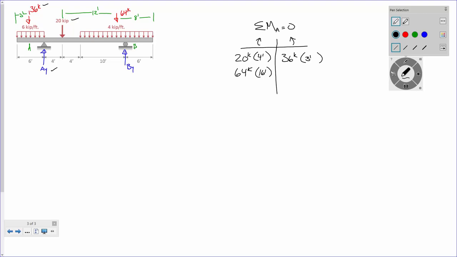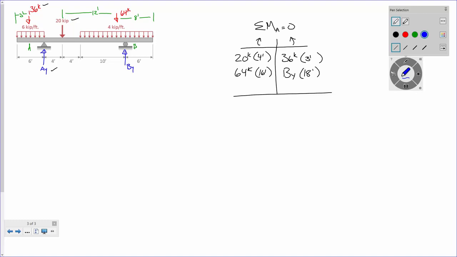Then we've got BY, on the right, 18 feet. Everybody good with that? What we did is we just assumed it's acting upward, and if it comes out negative, we were wrong.